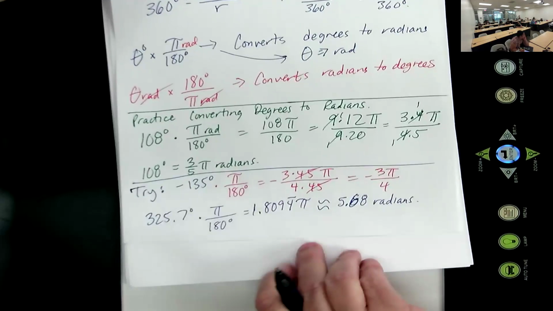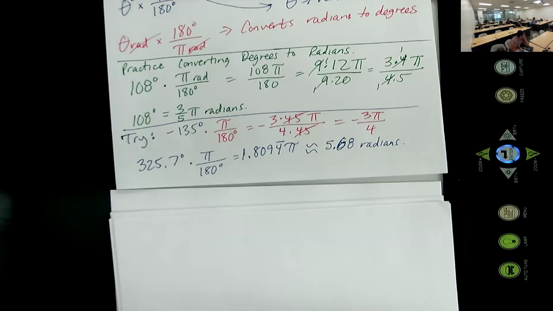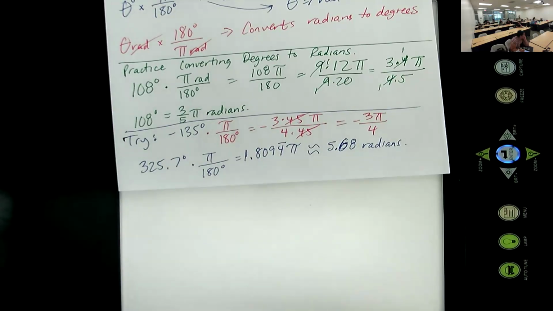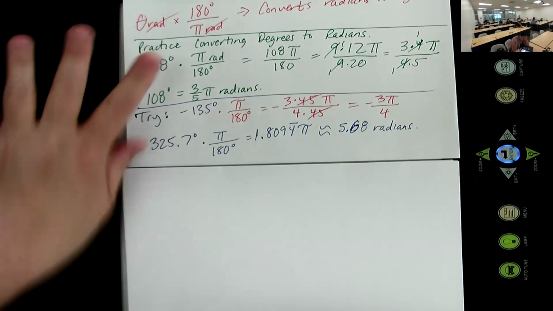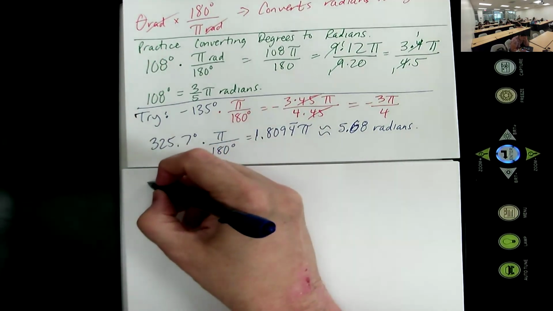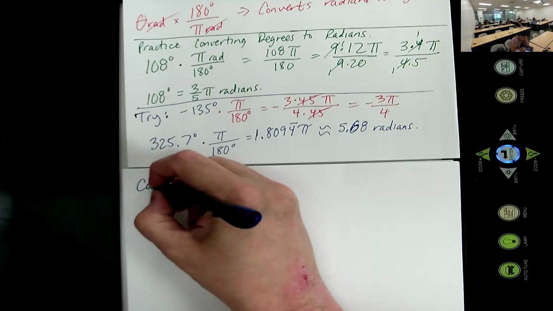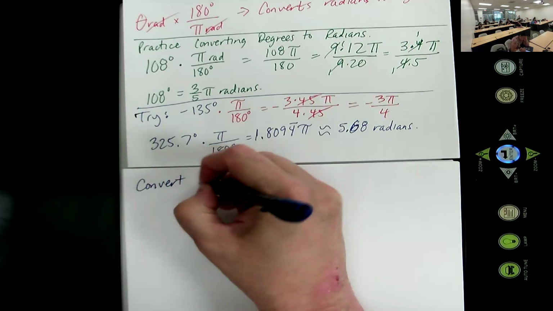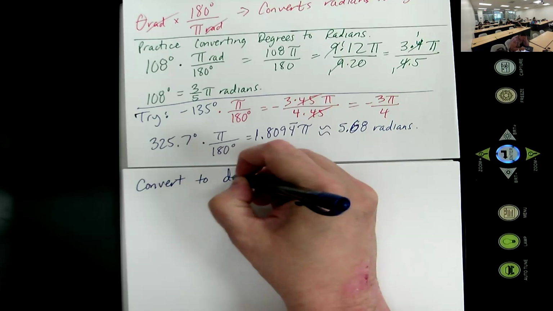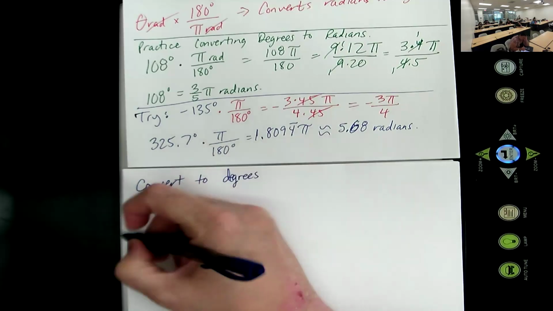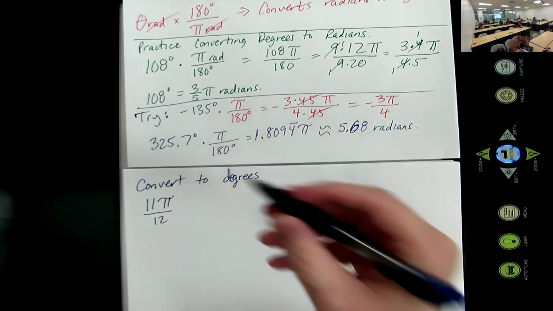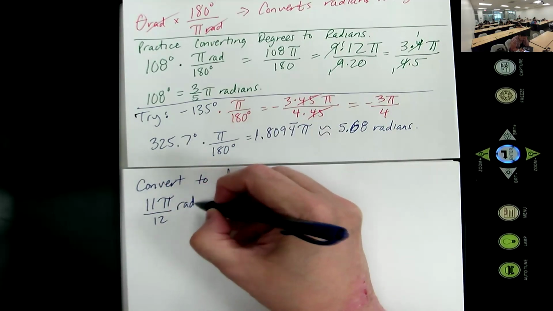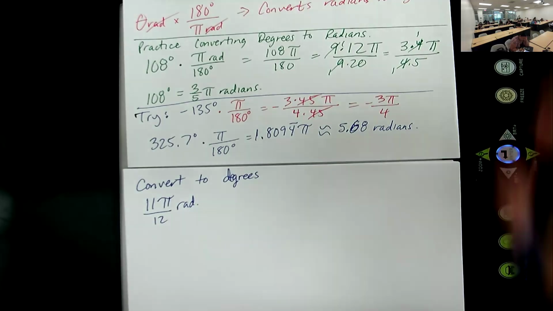And let's give you some practice going the other way. So let's try to convert these radians to degrees. Eleven pi over 12. I'm gonna put radians for now, but generally we don't use the radians.